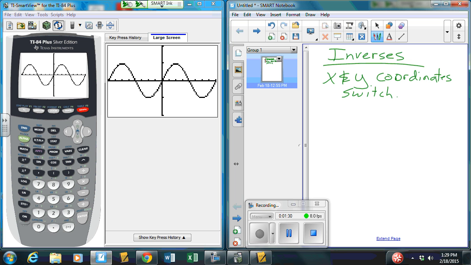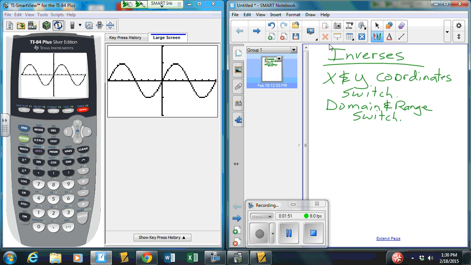Another way of saying that is domain and range switch, right? So when you look for an inverse, you just switch x and y and solve for the inverse function. Do you remember doing that?